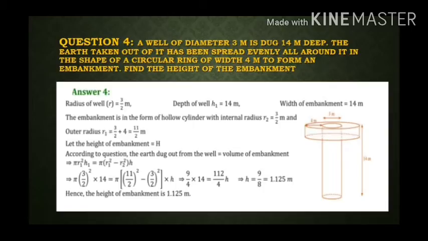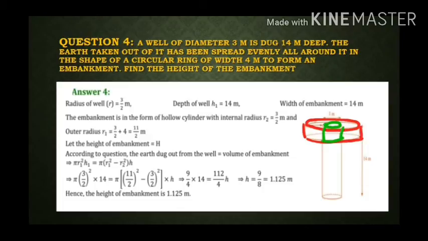Now how can you find the volume of the embankment? Since the embankment is in the shape of a circular ring, you have to find the volume of this circular ring. First of all, as you can see, the outer part of this circular ring is in the shape of a cylinder. Similarly, the inner part is also in the shape of a cylinder.